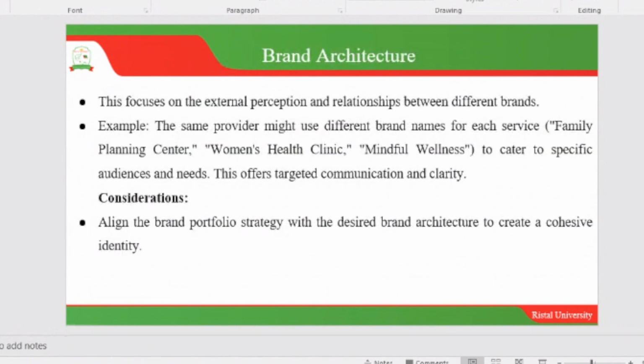Whereas when you're looking at the brand architecture, it focuses more on the external perceptions and the relationships between different brands. So for the same provider, you may use different brand names for each service.